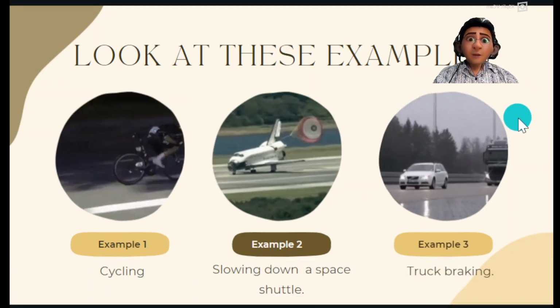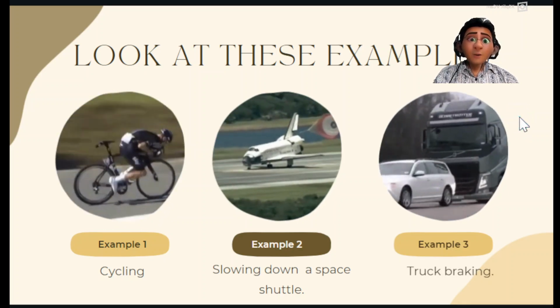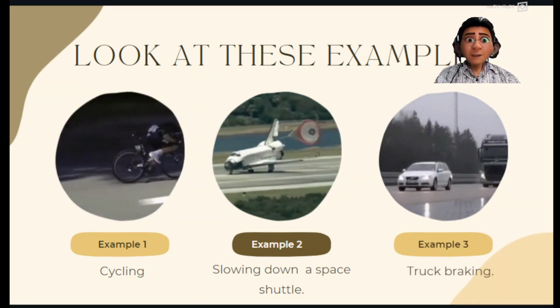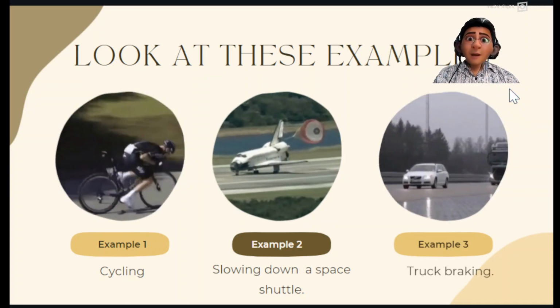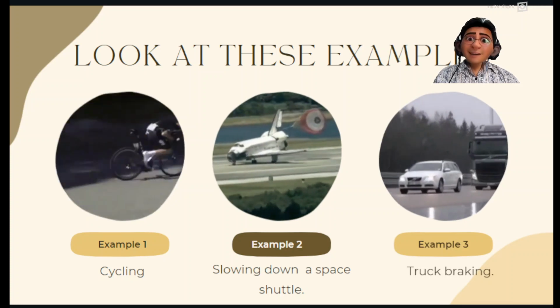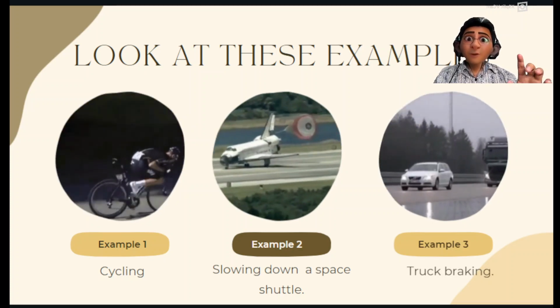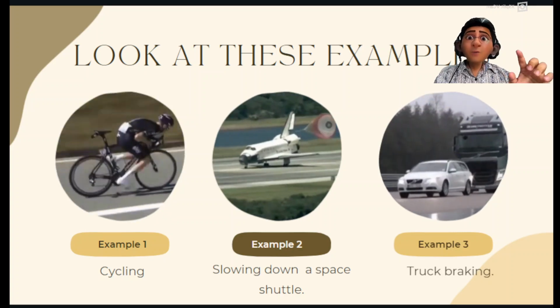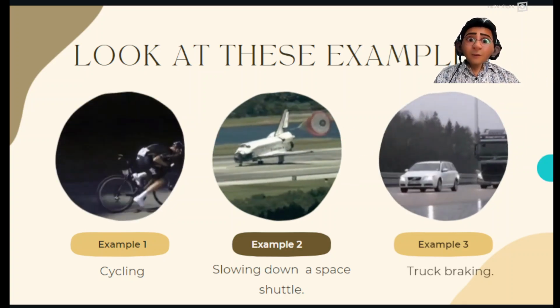When your father or mother push the brakes with their feet, or a bicycle is the same, when you press your brakes, the wheels of your bicycle, the wheels of the truck slow down.